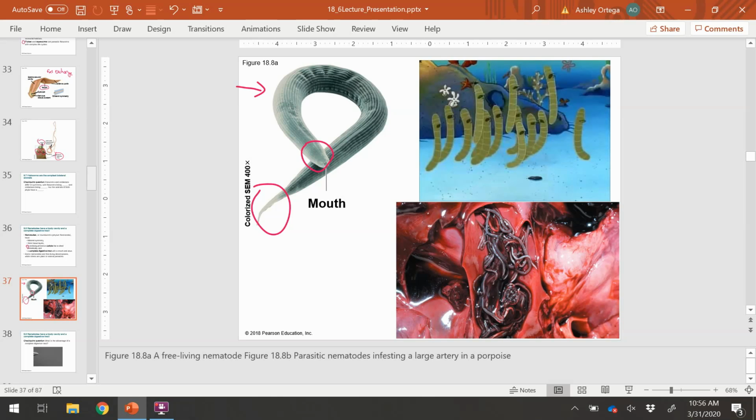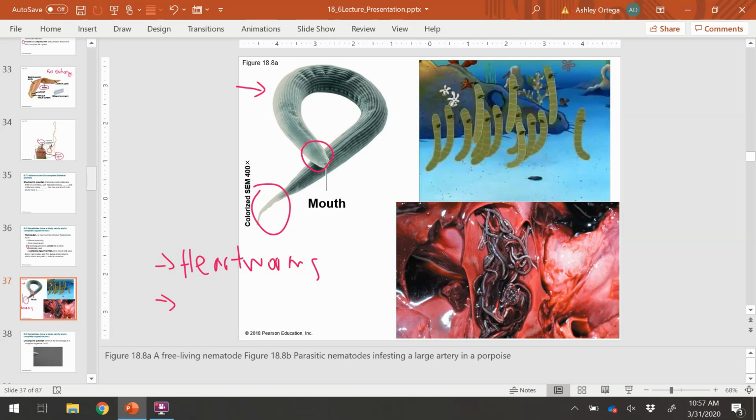The first one that's parasitic will be heartworms. So heartworms, like for dogs, they will invade the heart. And so giving dogs a monthly treatment, heart guard prevention, will prevent these from being able to survive if ingested. And this is a type of nematode here.